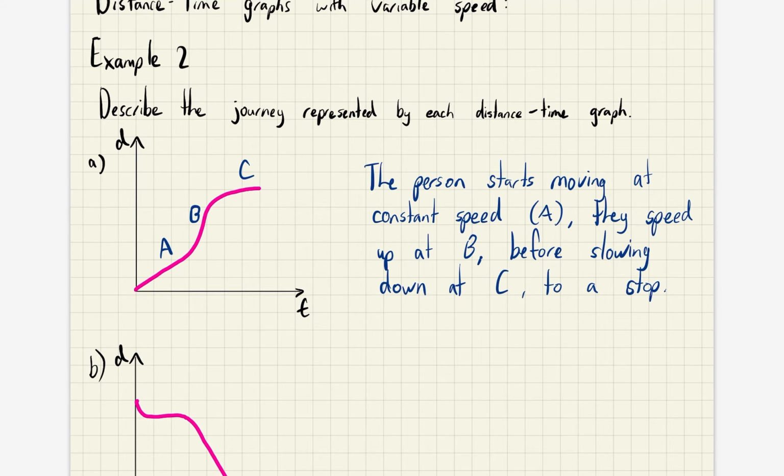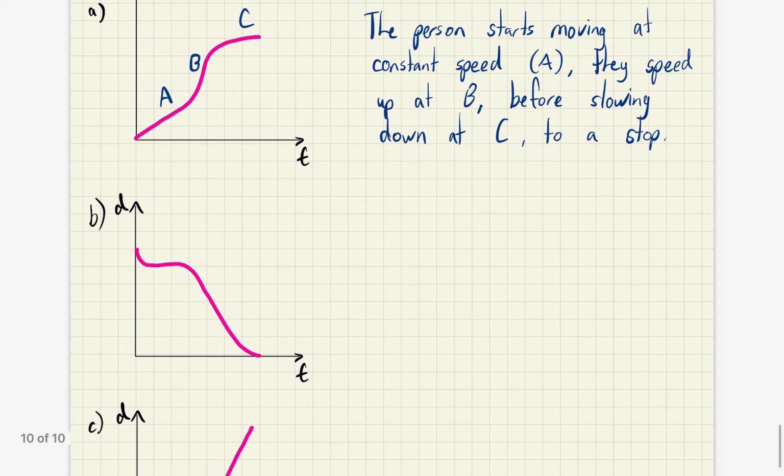Okay, we're going to use that same approach, but we're going to do it for this next curve. And there's a bit more going on here. We might have a few more letters. So we've got A, so we'll start off there. And we've got B, C, and then D at the end. So we can see with this curve, the person isn't home, say.